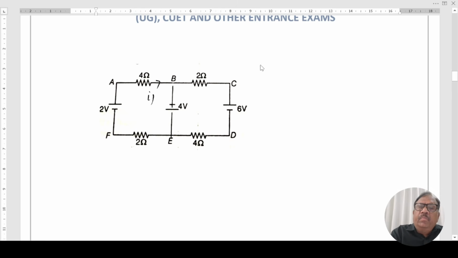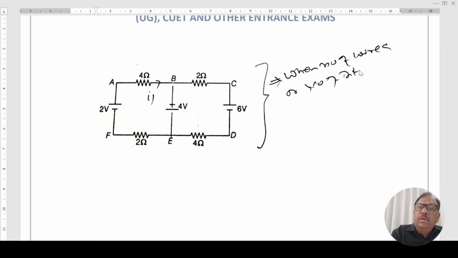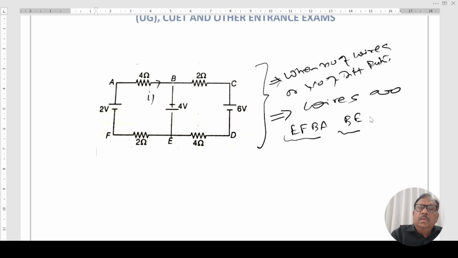In this concept of complex circuit, when the number of wires, or you can say the number of different paths for flow of currents, are there, then the wires here are EFBA, BE, and BCDE. So this current is I1, this current is I2, this current is I3.